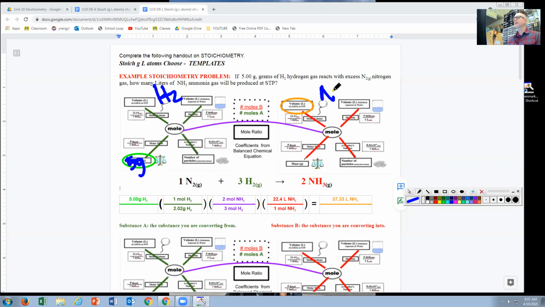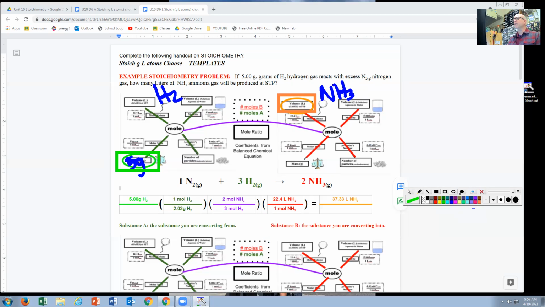So it says that we have to go to NH3 and we're going to find the number of liters. Let me put that in orange. So we're looking for the number of liters, ladies and gentlemen. What are we given? We're given the number of grams of hydrogen gas.